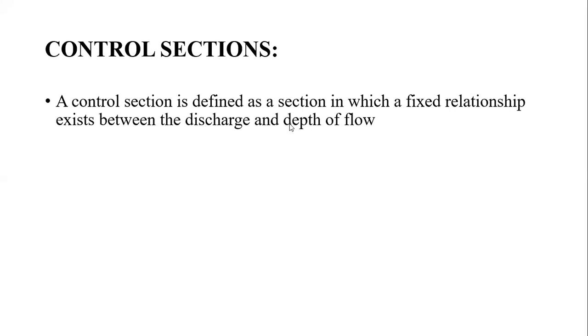A control section is defined as a section in which a fixed relationship exists between the discharge and the depth of the flow. It means that for the length of the water surface profile existing between two control sections, a definite relationship exists between the discharge and the associated flow depth.